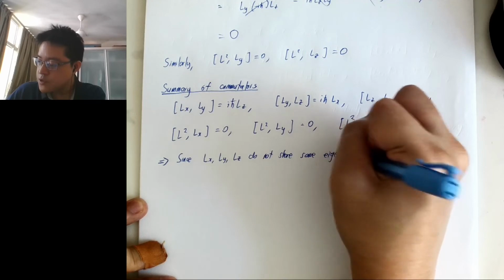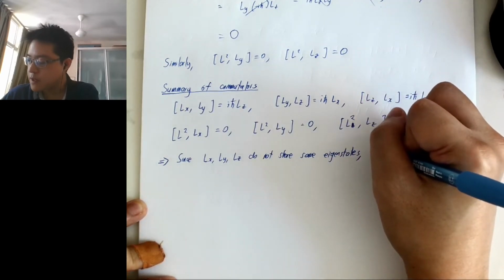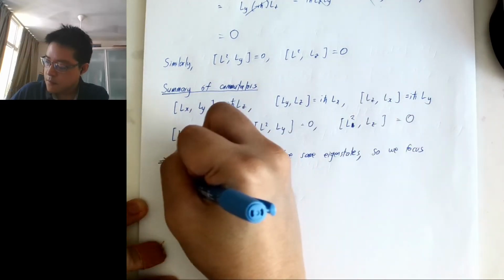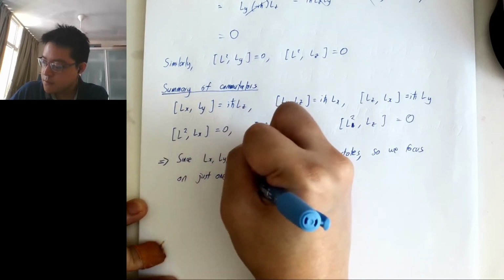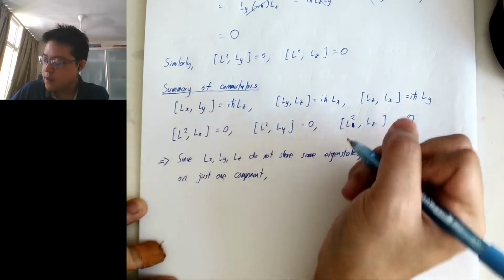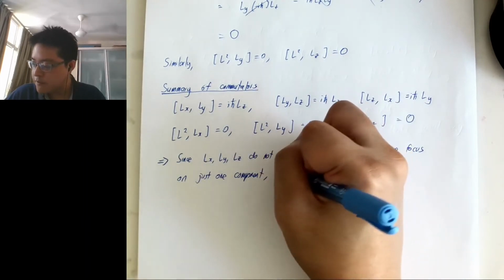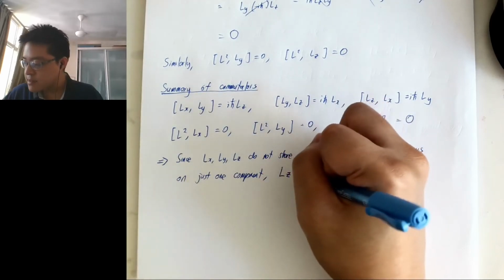What we are going to do instead is focus on just one component. You can focus on any component you want, but the convention is people focus on the Lz, right, and then find its eigenstates.